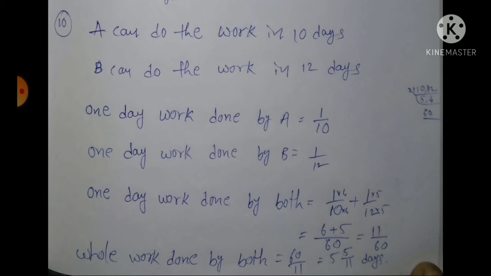So 1 day work done by both is 1 by 10 plus 1 by 12, that is nothing but 11 by 60. So the whole work done by both takes 60 by 11 days.